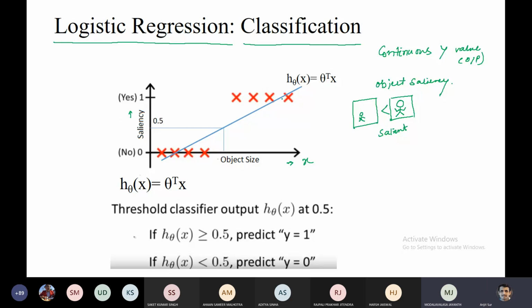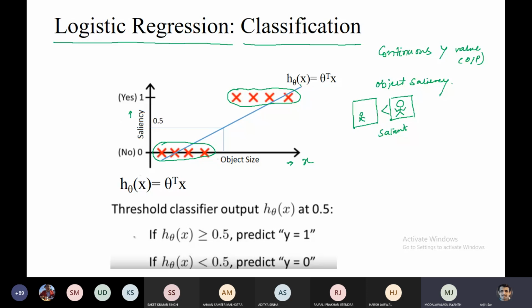Now, if we have this kind of data distribution, these x's are the large sizes, because they are on the right-hand side of the x-axis, and these are the smaller sizes. So what we can do is fit a linear regression.